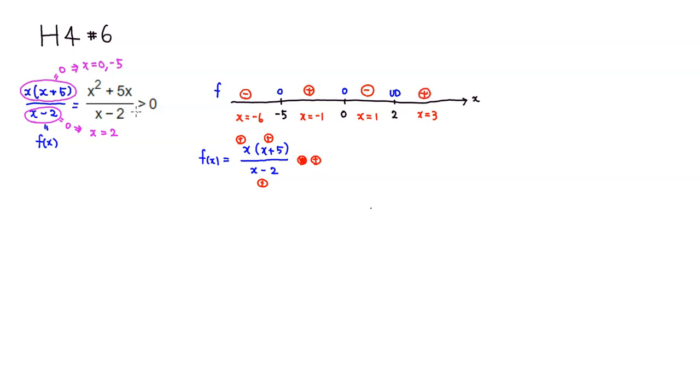You can see that this inequality says we want it to be greater than 0, which means it has to be positive. So we know that between -5 and 0 we get positive, and beyond 2 we get positive. Then we can answer the question.